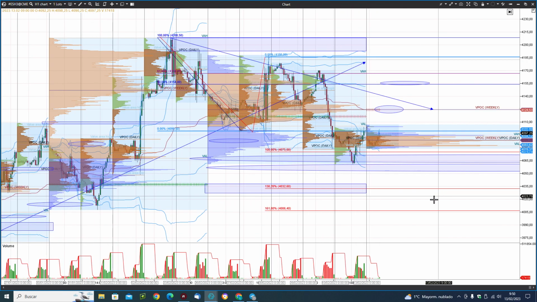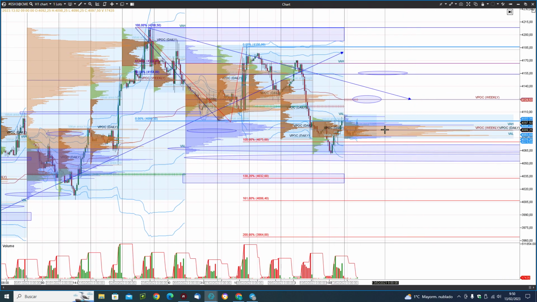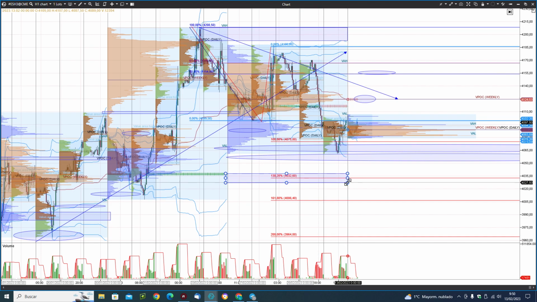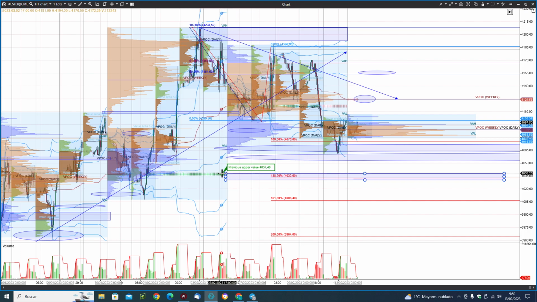So let's see what are the targets. Talking about lower targets, minimum of last week, this high volume node in 4055, and the great target would be this zone, this final of VWAP line, about 4038.